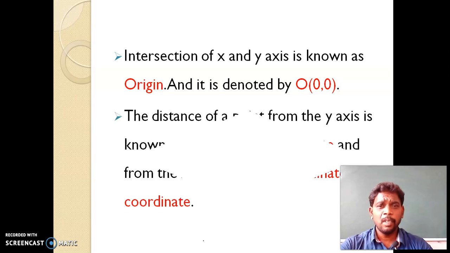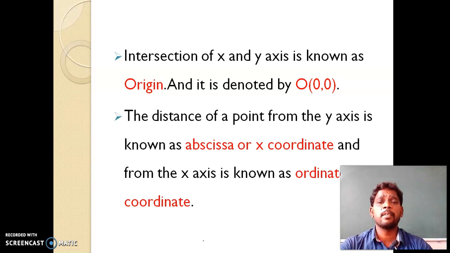The distance of a point from the y-axis is known as the abscissa or x-coordinate, and the distance from the x-axis is known as the ordinate or y-coordinate. That is the position of the point. How can we define the distance from the x-axis and the y-axis, that is, the distance of the horizontal line and the vertical line?